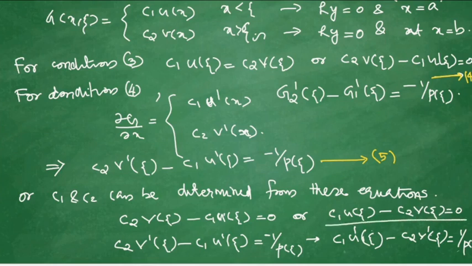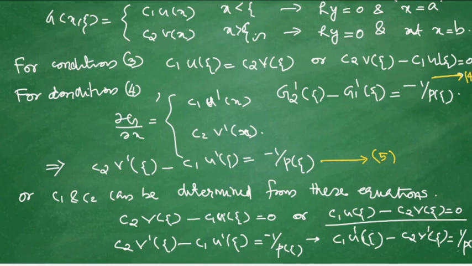And the second equation, equation number 5, is C2 into V dash theta minus C1 U dash theta is equal to minus 1 by P of theta, which can also be written in the form C1 into U dash theta minus C2 into V dash theta is equal to 1 by P of theta.